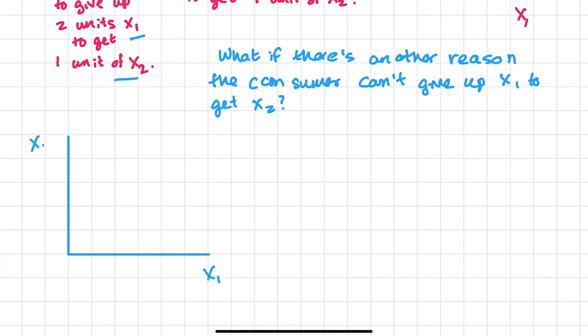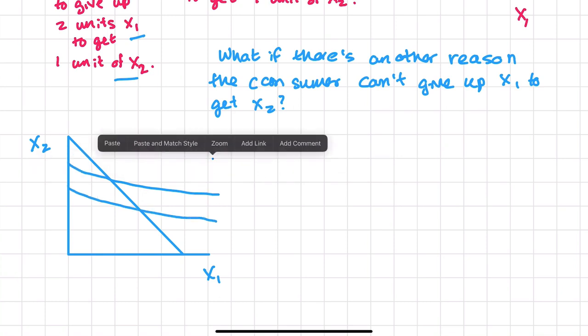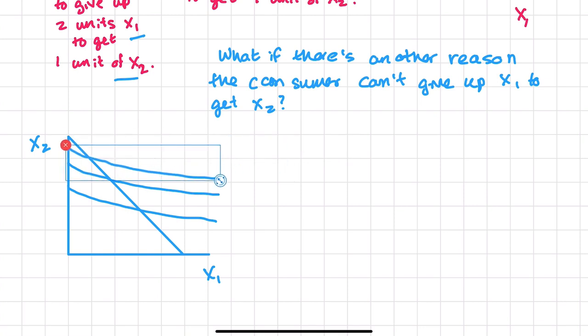So what if we're in this kind of situation? X1, X2, here's our budget line, still a slope of -1. And if our indifference curves look something like this, let me make some more of those.